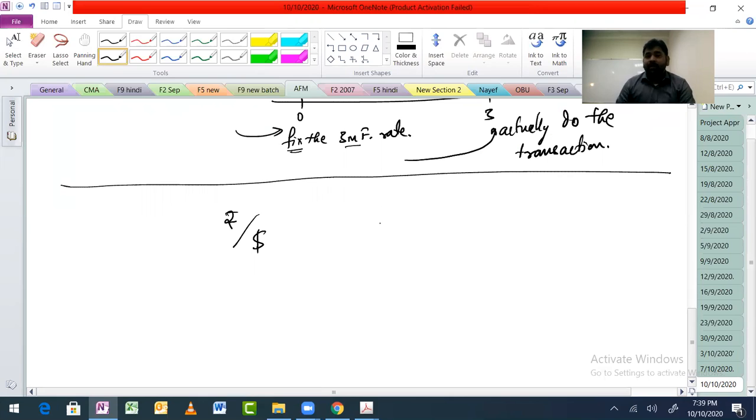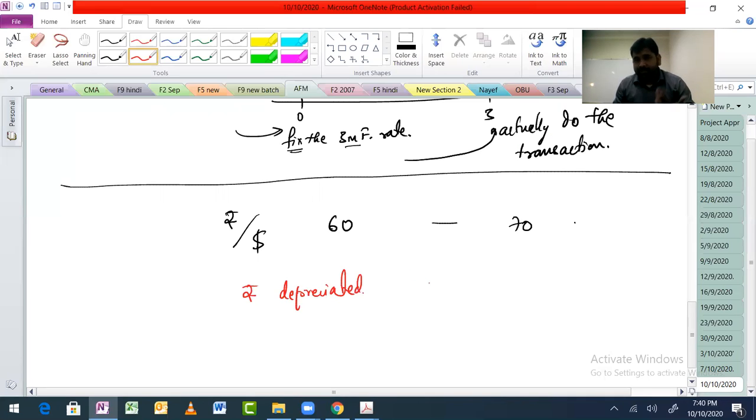Now see, first of all, if the rate was 60 per dollar and now it has changed from 60 to 70 per dollar. What has happened? Two things have happened here. One is rupee is depreciated, decreased.